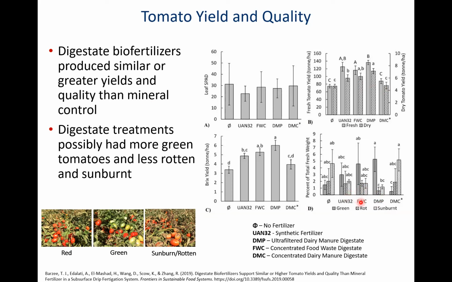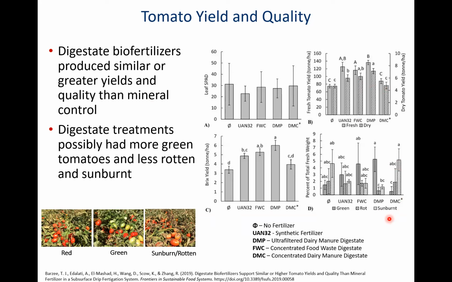Generally, you can find a little bit of green tomato here, and here with food waste concentrate and dry manure permeate, you still have high greens compared with the negative control or positive control, which is UAN 32.